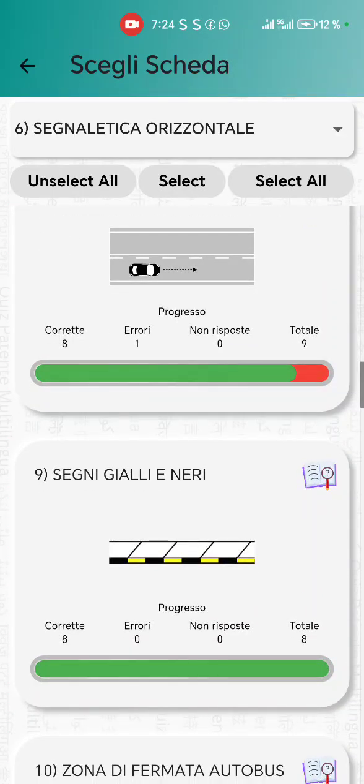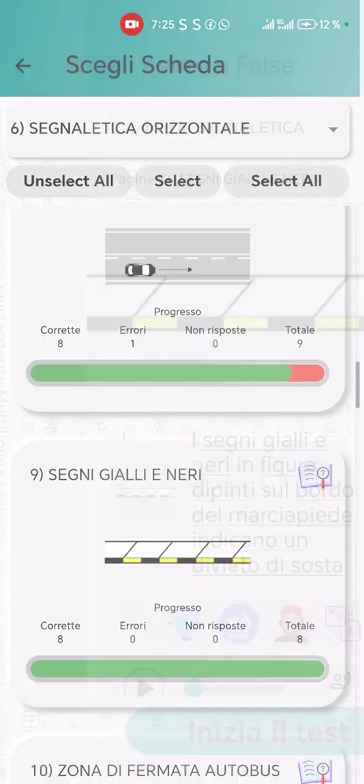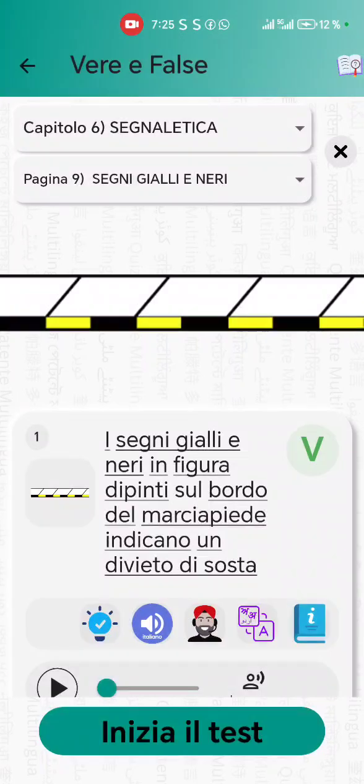So what about this one? Segnali gialli e neri. So segnali gialli e neri, the yellow and black signal. So what is this sign they really mean? They talk about marciapiede. So whenever you see this sign on the ground, as a car owner, as a driver, you cannot stop.